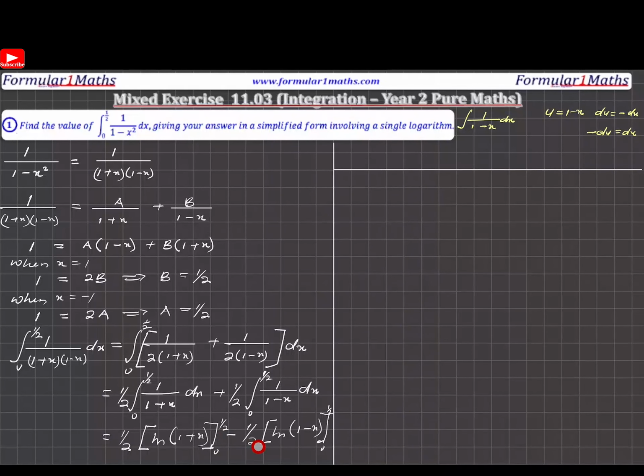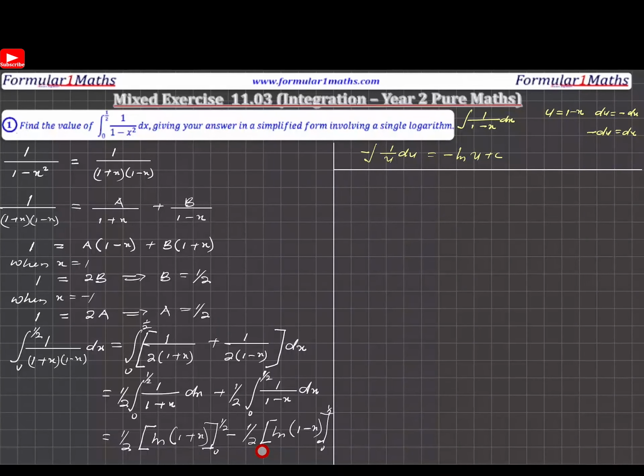And so the whole of this integral will be the integral of 1 over u du, and there'll be a negative here because I've replaced dx with minus du. And then 1 minus x is replaced by u, this will be equal to minus ln u plus c. And that's why we have a negative here.